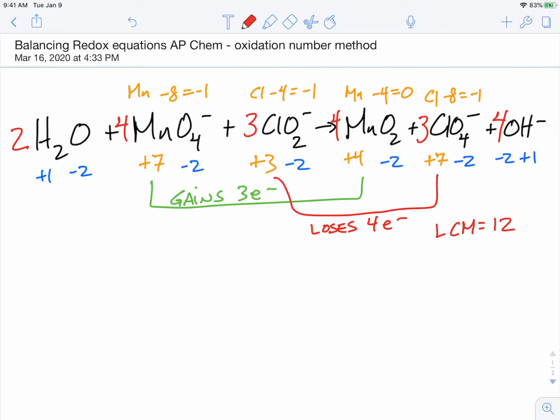All right. So that's how you balance redox equations using the oxidation number method. Really important to know here is that you can only balance according to the oxidation number method when the reaction is complete. So the reaction must be complete for you to do this.